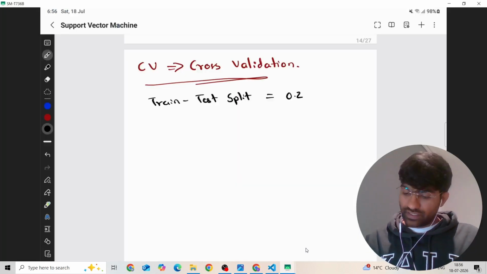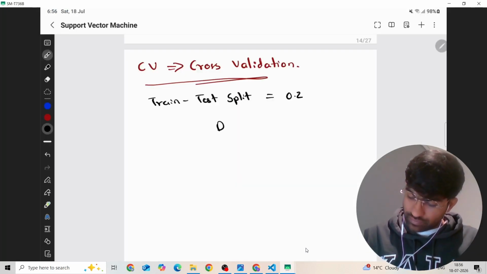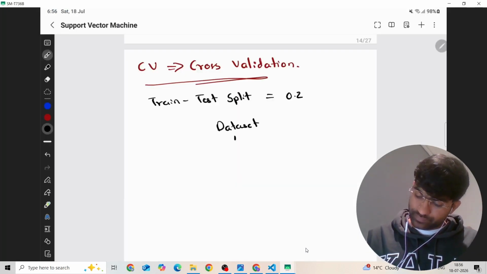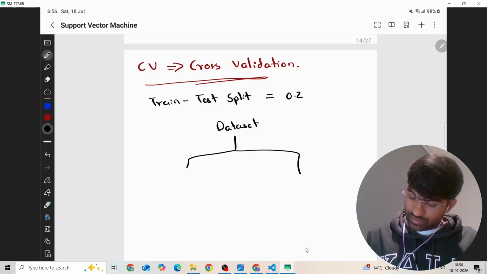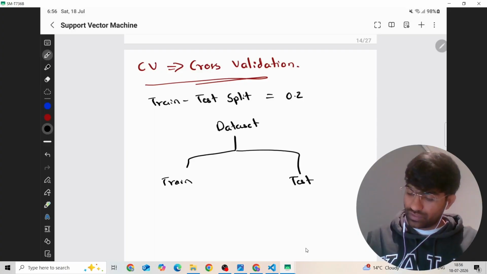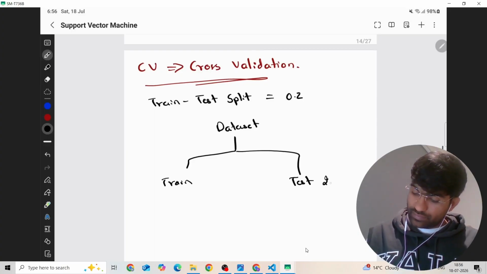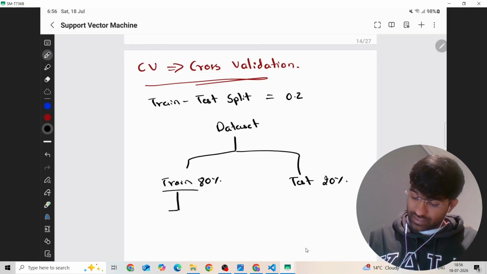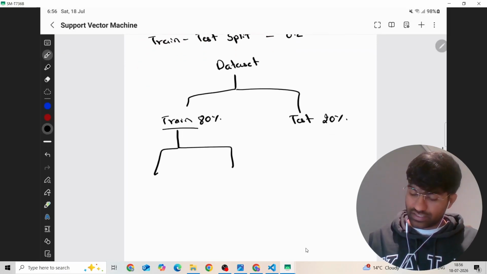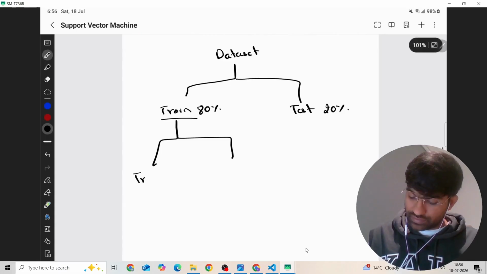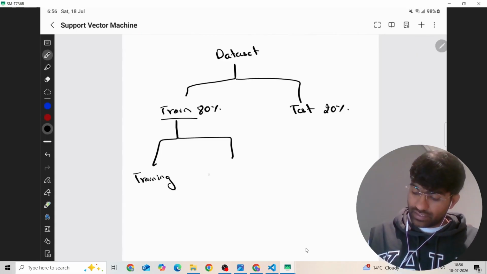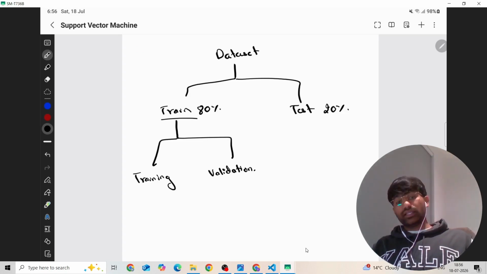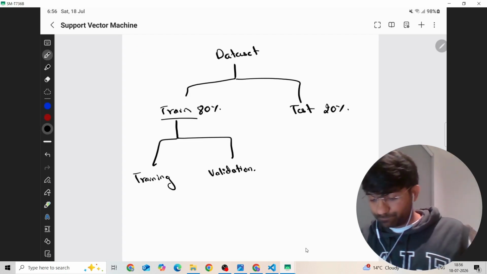So what does the CV do, how is the data split now? This is the data set. It is split into train and test. So this is 20% and this is 80%. This training data, as I have told you in linear regression, will further split into training and validation.